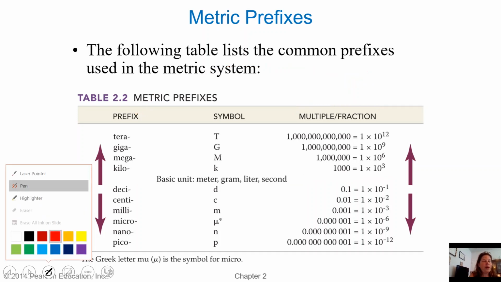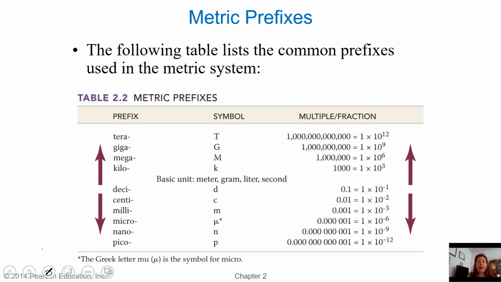When I am reading this, I'm going to want to say 1 of whatever it is. Okay, 1 centimeter, 1 millimeter, 1 micrometer. 1 of that thing is equal to this amount of the parent unit.